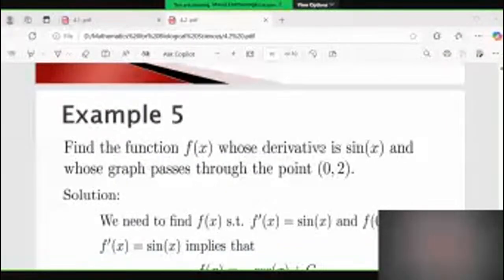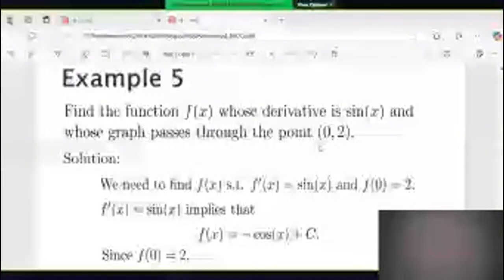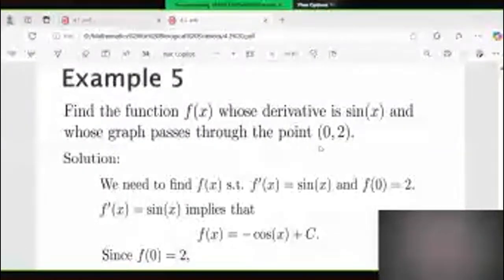Good. Now, find the function f of x whose derivative is sin x and whose graph is passing through the point (0, 2). It is a very interesting problem. We have an unknown function whose derivative is sin x, and whose graph passes through the point (0, 2).